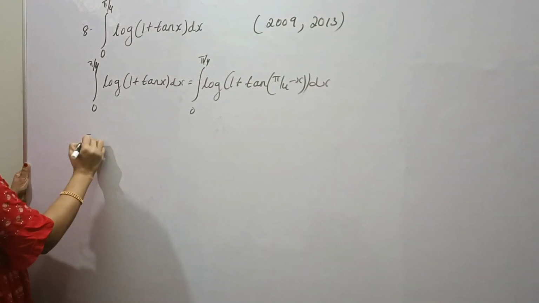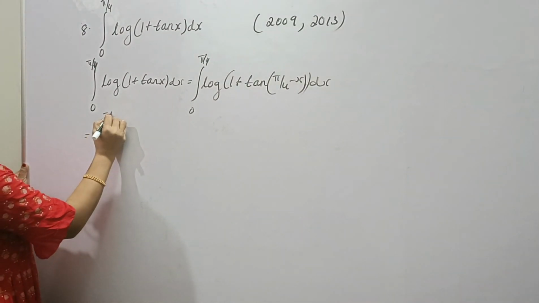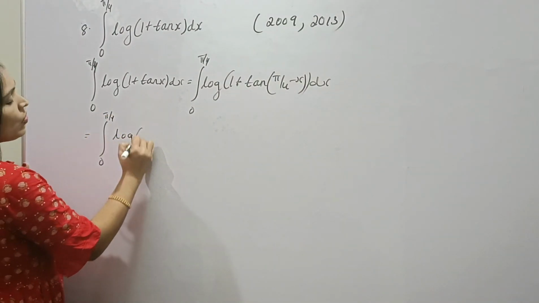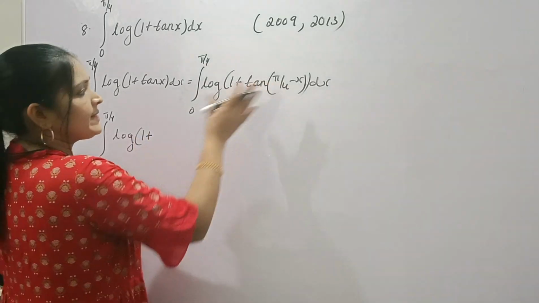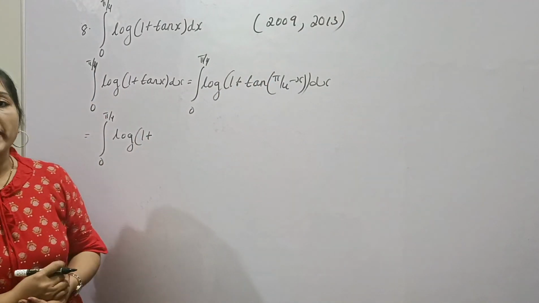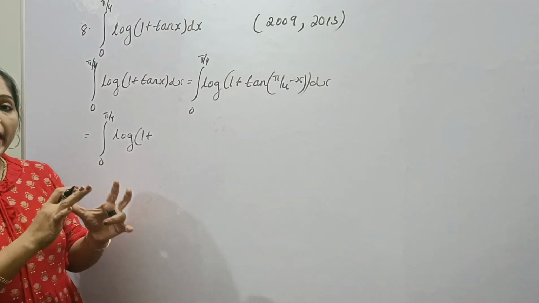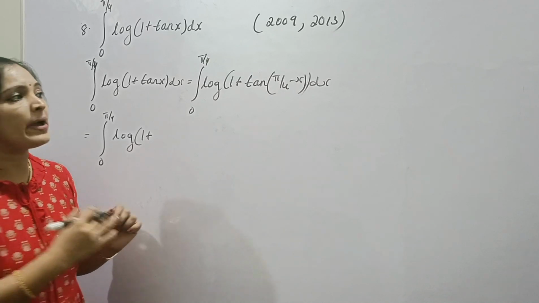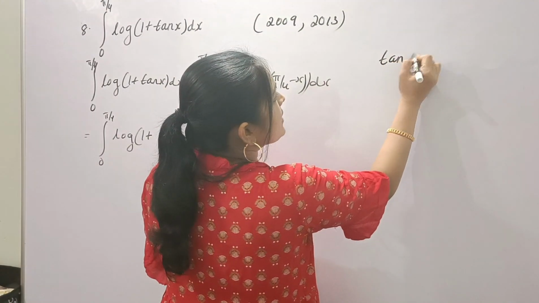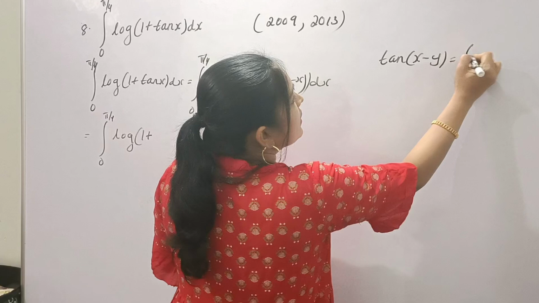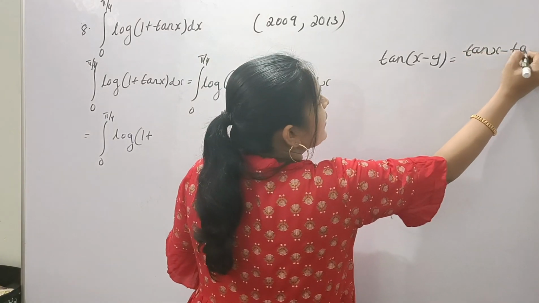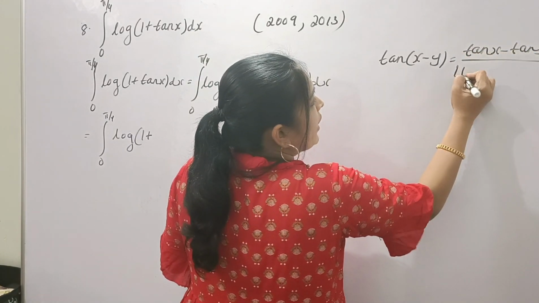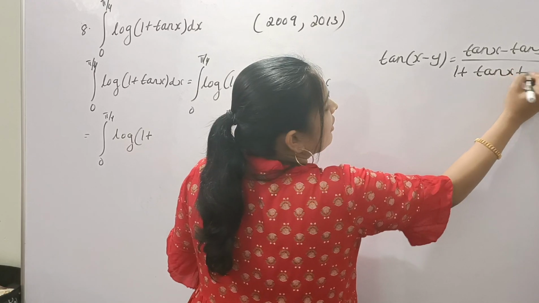See here next, integral 0 to pi by 4 log of 1 plus, see what is this one? Tan of pi by 4 minus x, that is tan of x minus y. What is tan of x minus y? Tan x minus y is equal to tan x minus tan y divided by 1 plus tan x into tan y, right?